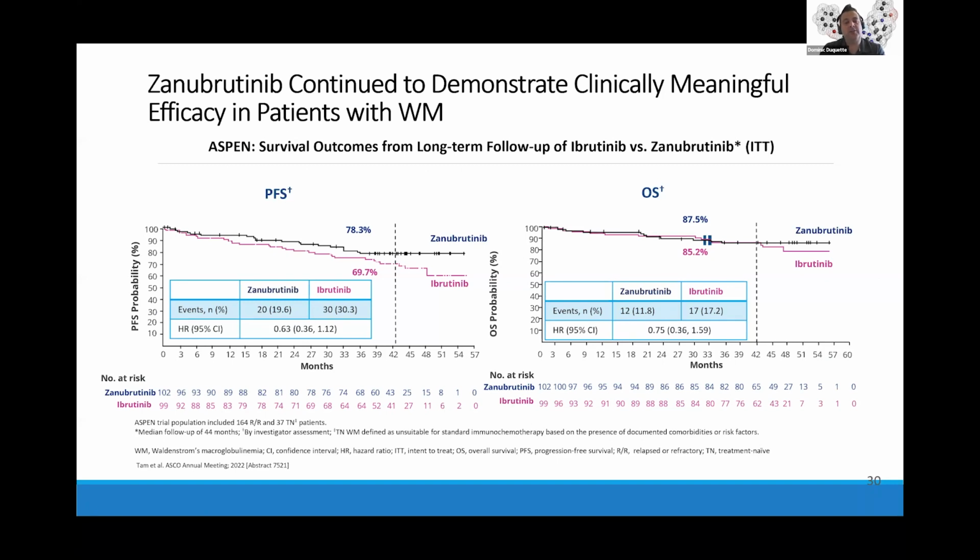Again, these are small trials. It's a disease that's more rare, so it's hard to have a big, robust number of patients. So this did translate to a PFS advantage, which was a trend to an advantage because of the low numbers, the difference was not statistically significant. On OS, again, we don't have a difference between the two groups.